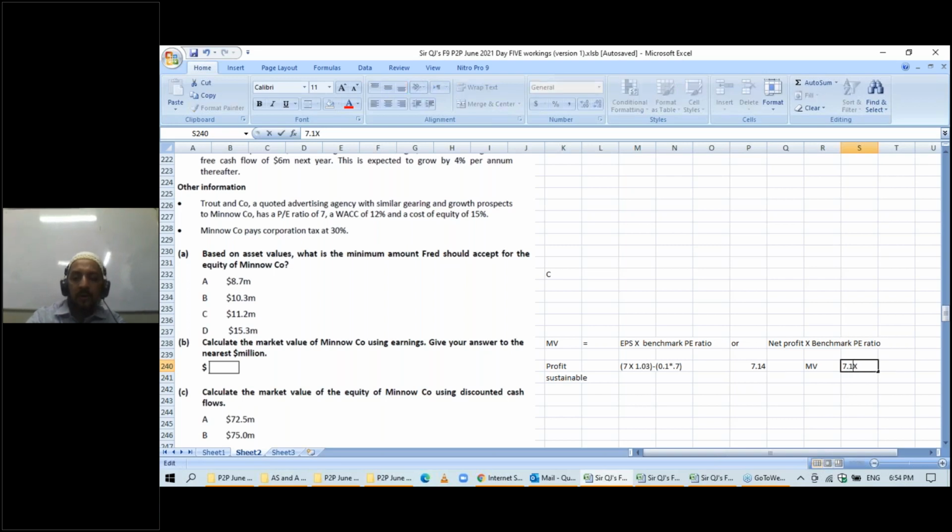So 7.14 is the profit multiplied by the price earning ratio. The benchmark price earning ratio has been given over here in the question. This is 7.